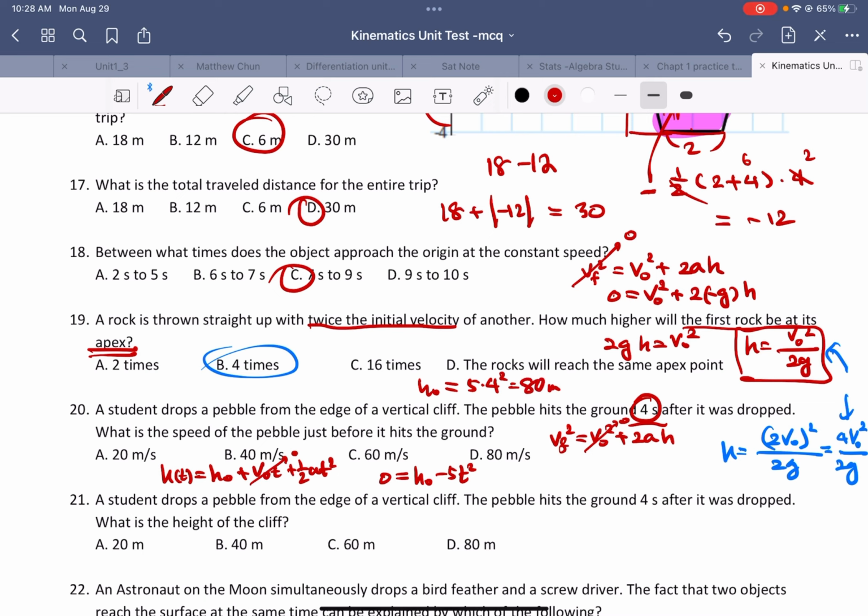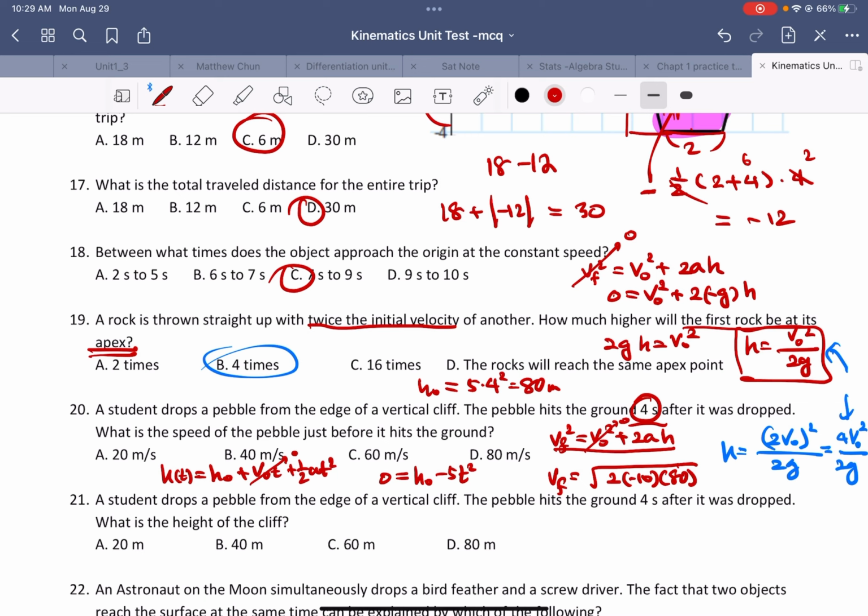So I'm going to substitute. Remember, we are looking for your speed in this equation here. So your final velocity is the square root of 2 times -10. Okay, your acceleration is that, and now the height is 80 meters. But you might wonder how you're going to have a negative inside the square root.